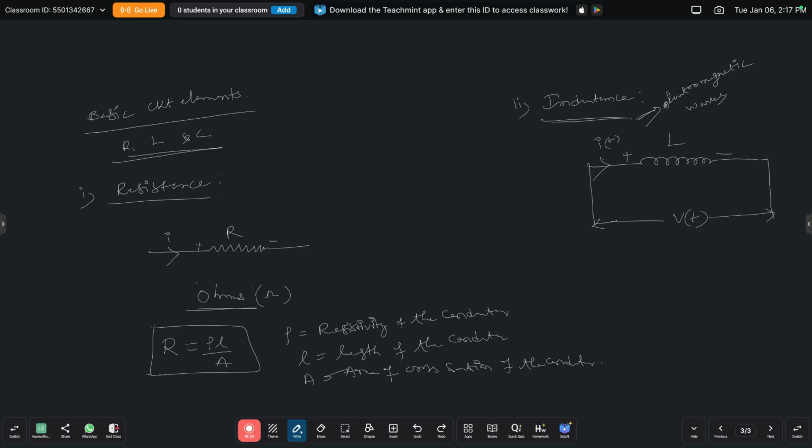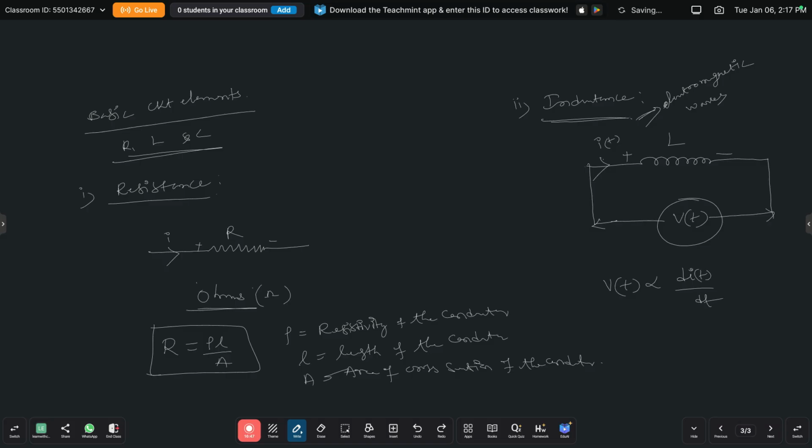For an inductance, the voltage across it, V of t, is directly proportional to the rate of change of current flowing through this particular inductance. That means V of t is directly proportional to di of t by dt.